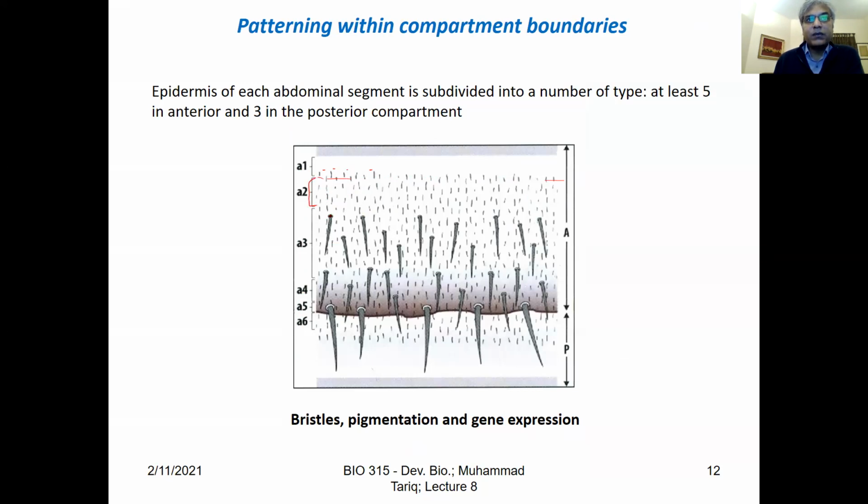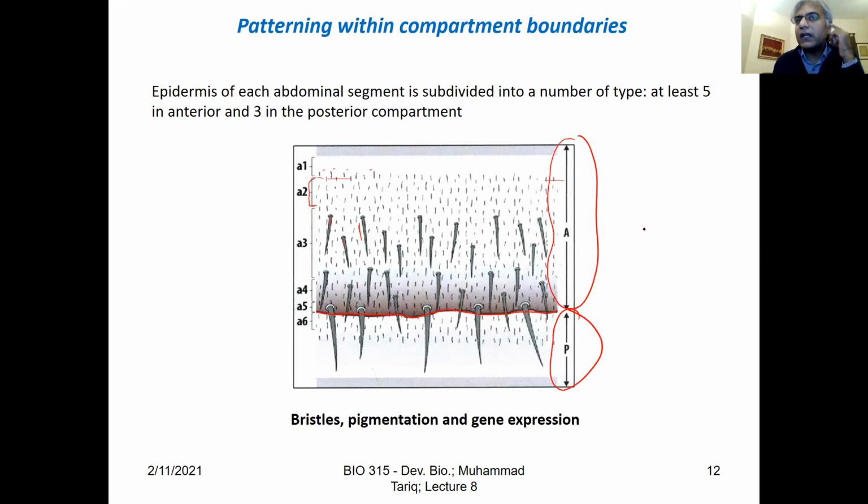Next is A2, then these ones where you have bigger ones, A3, A4, A5, and A6, and this is the compartmental boundary. This is the engrailed expressing posterior, and this is anterior.